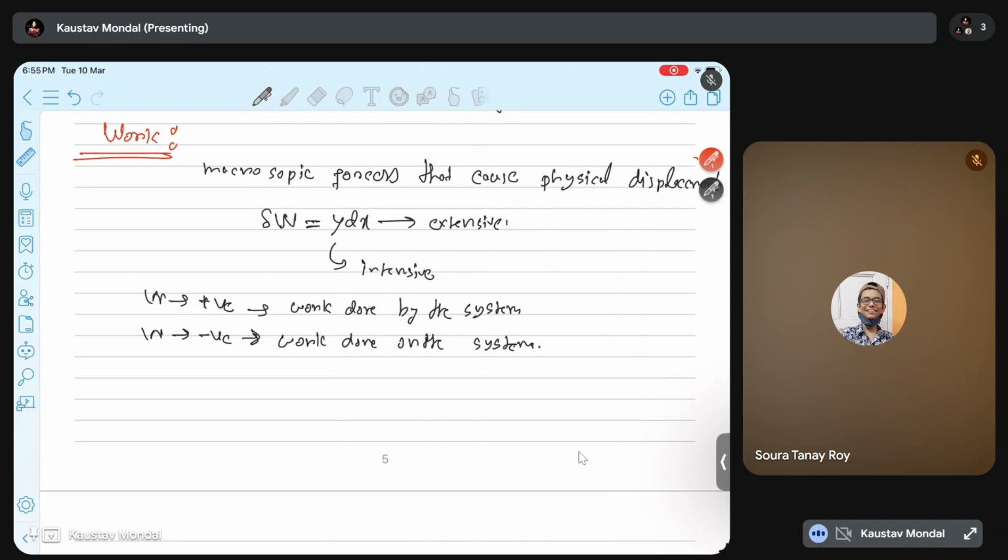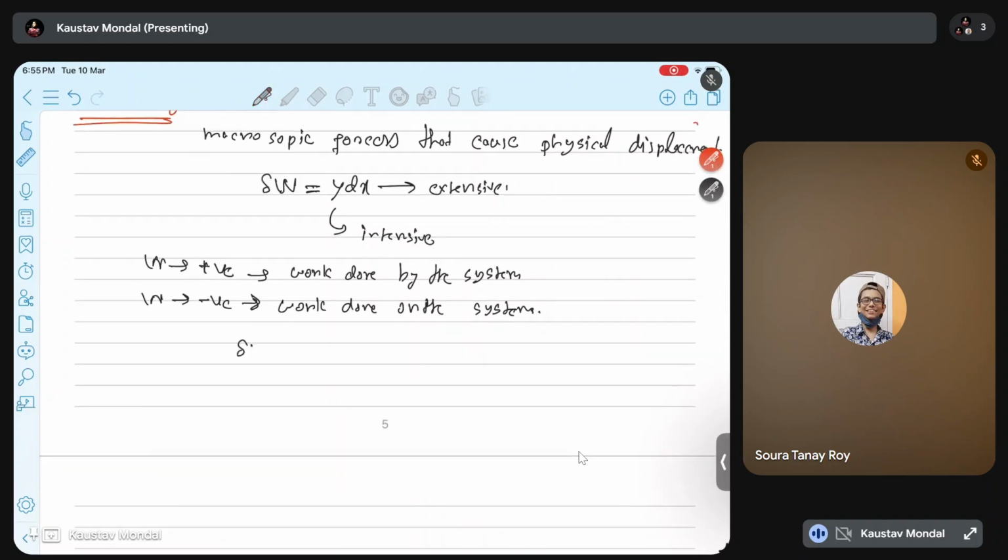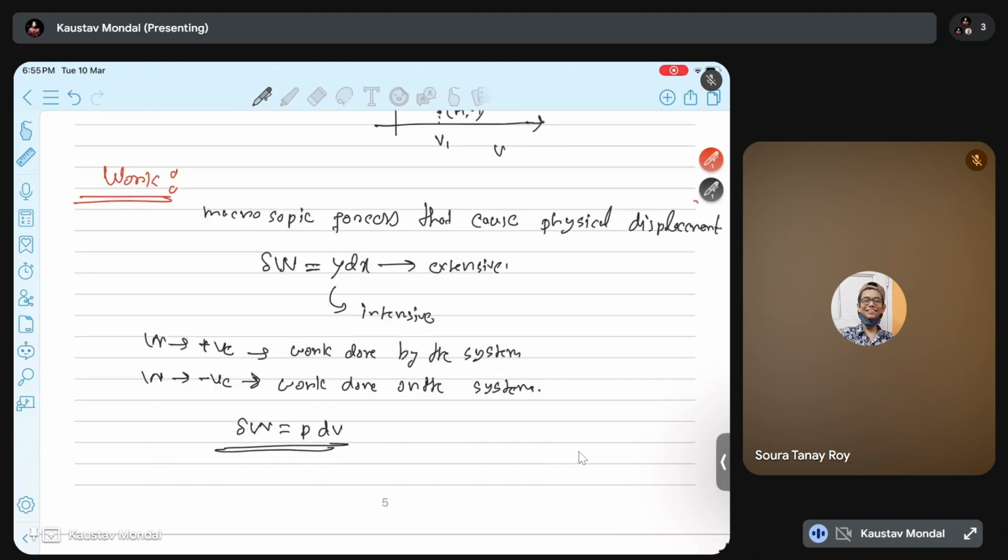But for a gas assembly, we take Y as P and dX as dV. So delta W equals P dV. This is the expression of work done. We will see this work done for different types of processes: isothermal, adiabatic, isochoric, isobaric. But before that, we have to discuss the first law of thermodynamics.